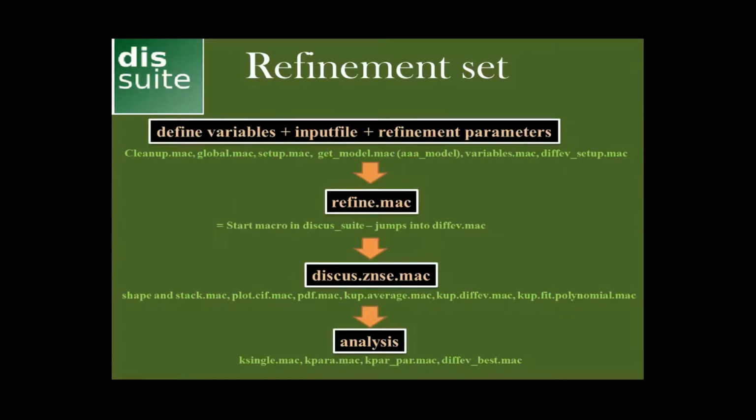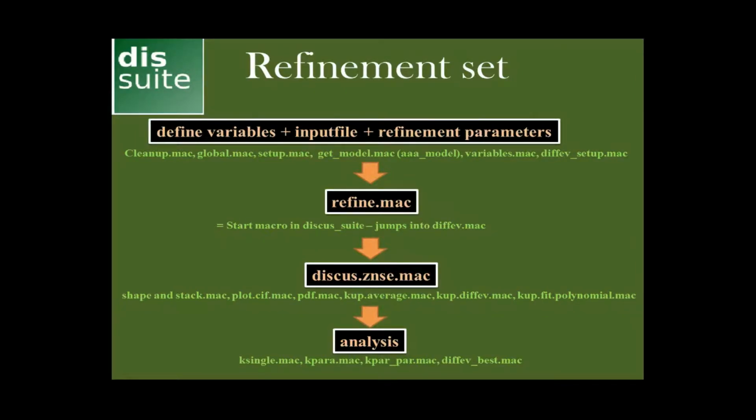Of course we need to learn how the macros are built up in general. At first there are several macros where you need to define variables, where you need to define your input files, your input structure, and of course your refinement parameters, which is stacking fault probability, the size of the particles, and so on. So that's the first step you need to do.